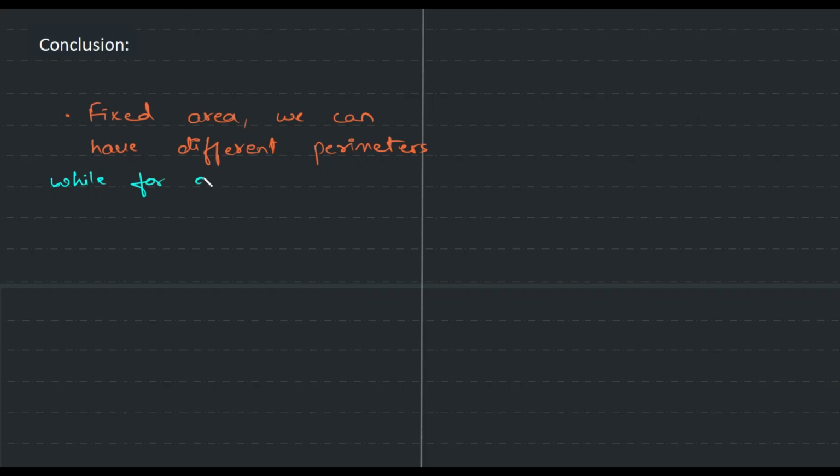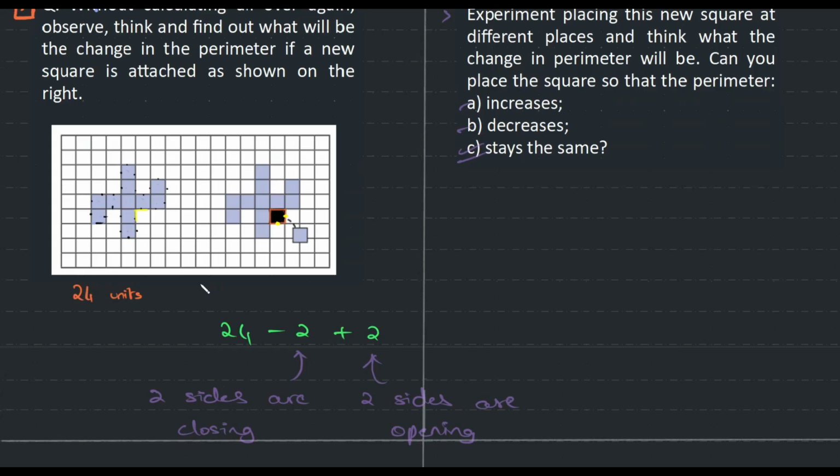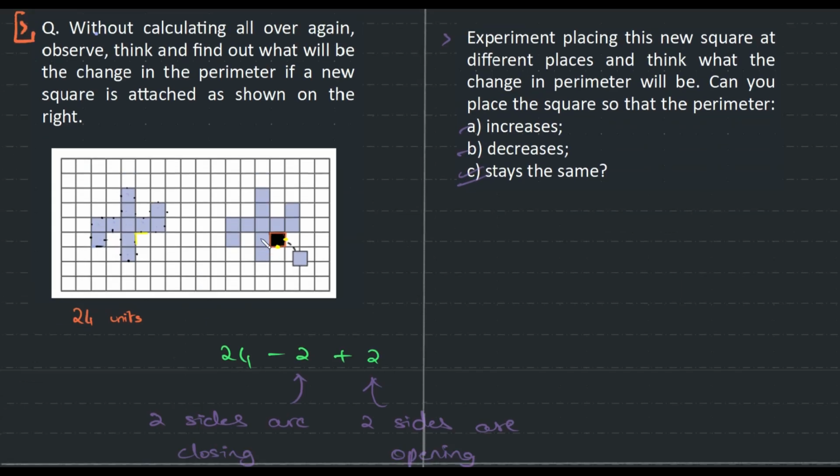While for a fixed perimeter, we can have different areas. That also we saw. So both are possible. Okay guys, both are possible. As you saw with quite a few examples, both are possible.